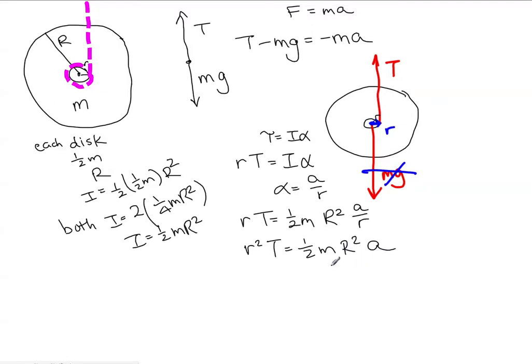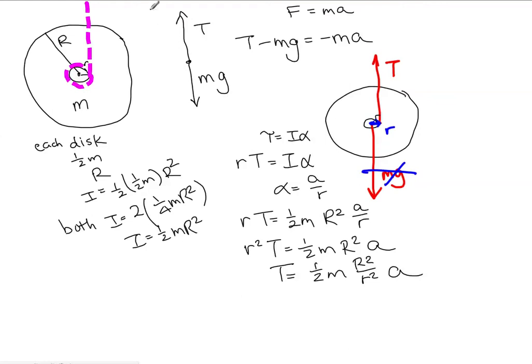Now, what I want to substitute for in this equation is the tension. So I want to get tension by itself. So I'm going to divide both sides by little r squared. So my tension is 1/2 m big R squared over little r squared a.